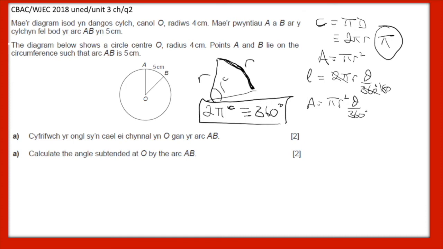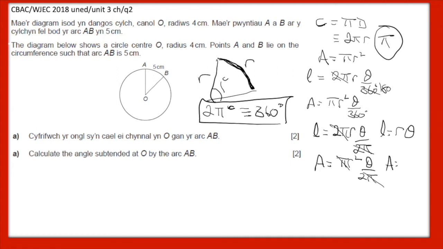So what we reduce our formulae to, instead of 2 pi r theta over 360, if I reduce that to 2 pi because they're the same, is that my length is equal to r theta, and that my area of my sector, pi r squared theta over 2 pi, means that I eliminate the pi's and my area becomes 1/2 r squared theta.